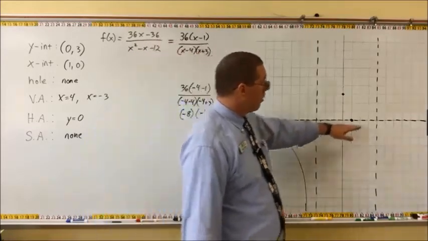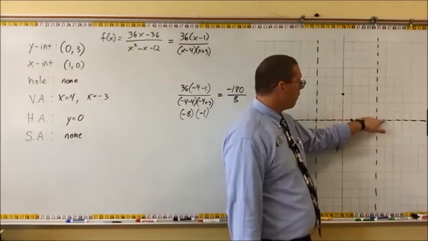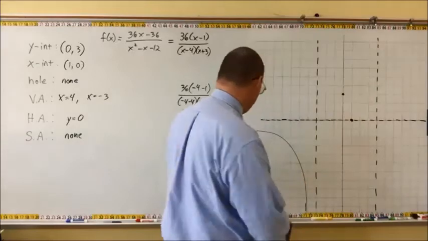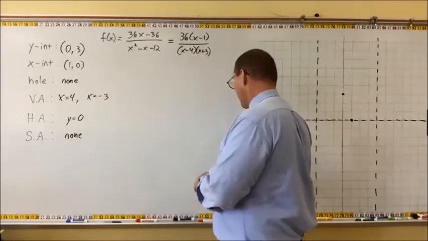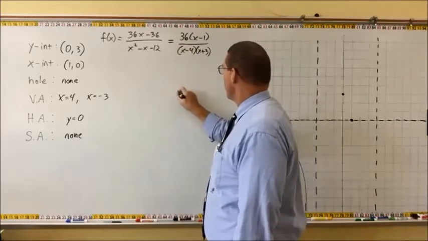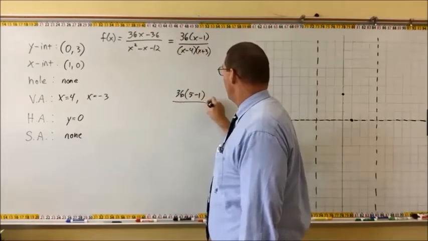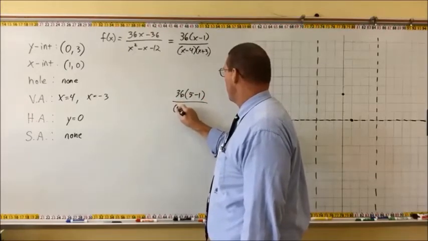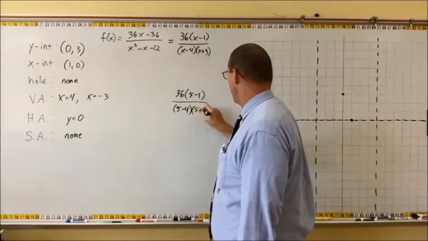Now let's find out what's going on over here in the right side. Let's take a test point. 1, 2, 3, 4, 5. Let's plug 5 in. Well, if I plug 5 in for x, I have 36 times 5 minus 1 over 5 minus 4 times 5 plus 3.